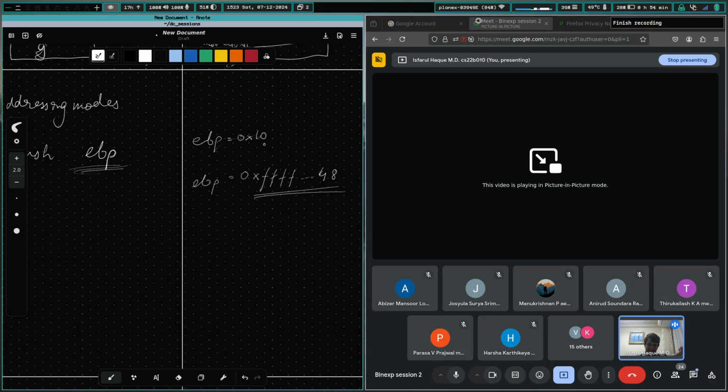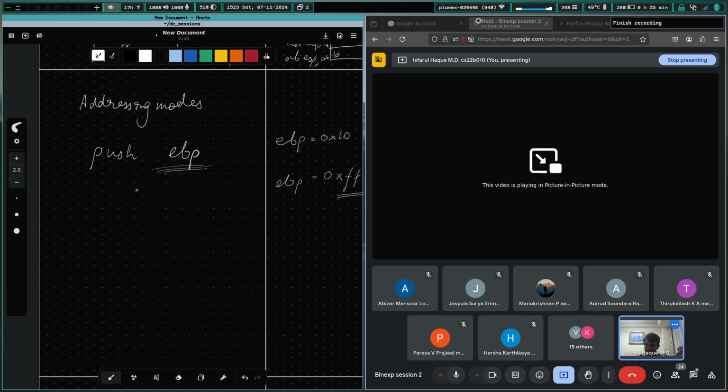Even this is a memory location, just that you most likely wouldn't be referencing that. So if you have push brackets EBP, this means you push star EBP. You dereference whatever is at EBP.